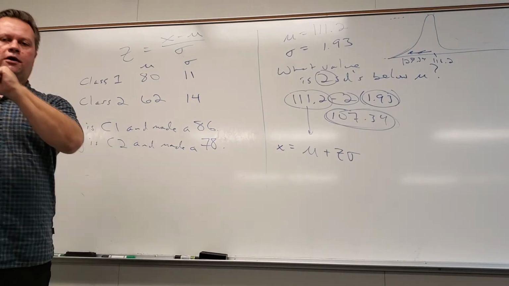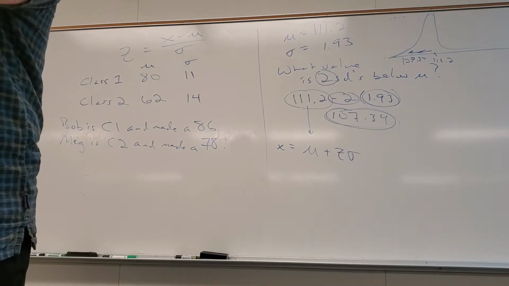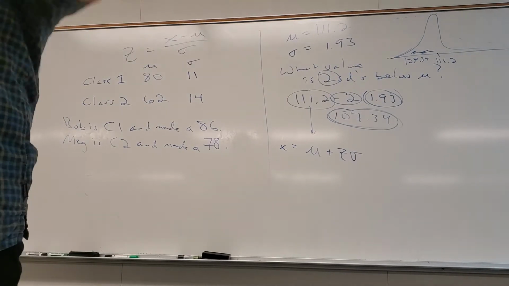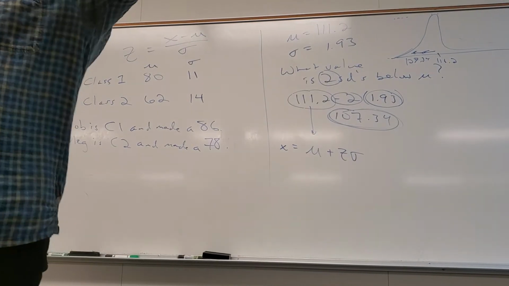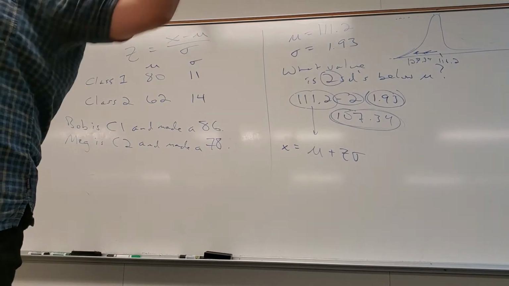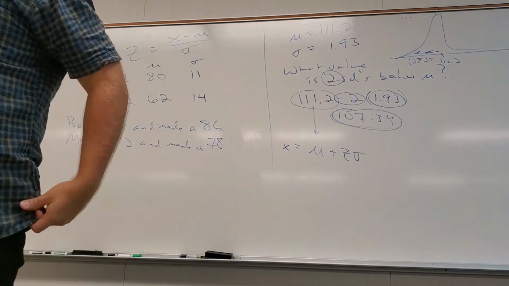But that doesn't tell me how important 6 and 16 are in those classes. It depends on how big the step size is. How big is the spread? If it's really spread out, then if you're 6 away, who cares? But if it's really not spread out at all and you're 6 away, that's big.